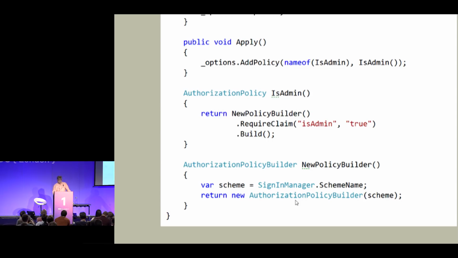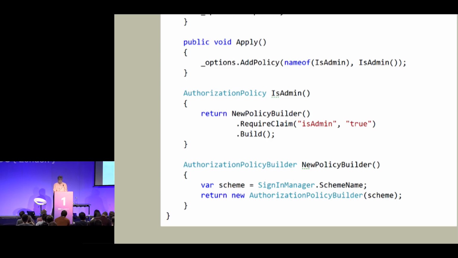That just encapsulates things like what scheme name is being used and instantiates the new authorization policy builder. And then you can do RequireClaim. So I want to make sure that this user has a claim that says IsAdmin and the value is true. Or I want to require a claim that they're from a specific department.